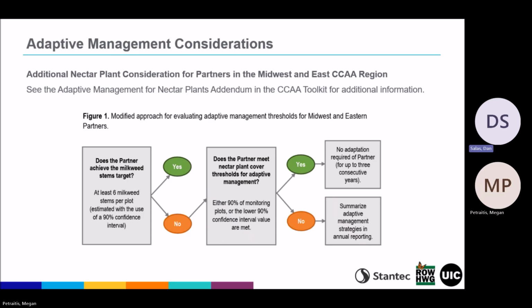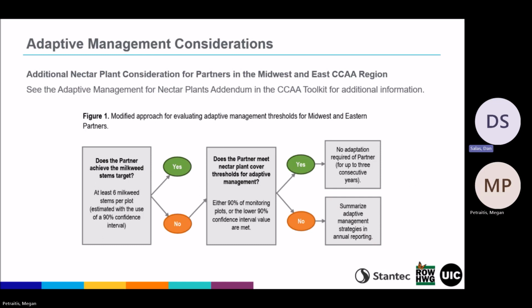In the approved CCAA and the biological opinion, the focus in the Midwest and East is really on achieving that milkweed stem target. In the first few years of the program, we've seen a lot of benefits and abundance of nectar plants as well, which provide really important resources for adult monarchs as they're migrating, up north and also back south.